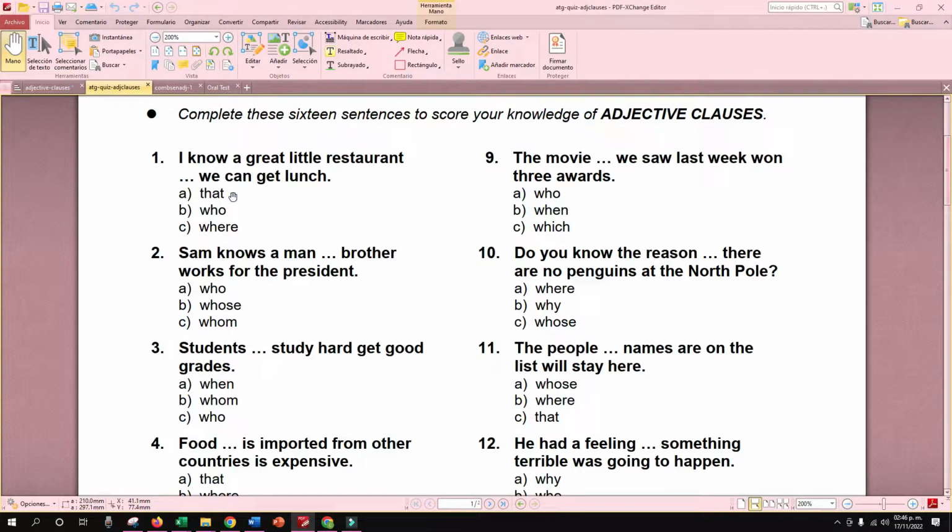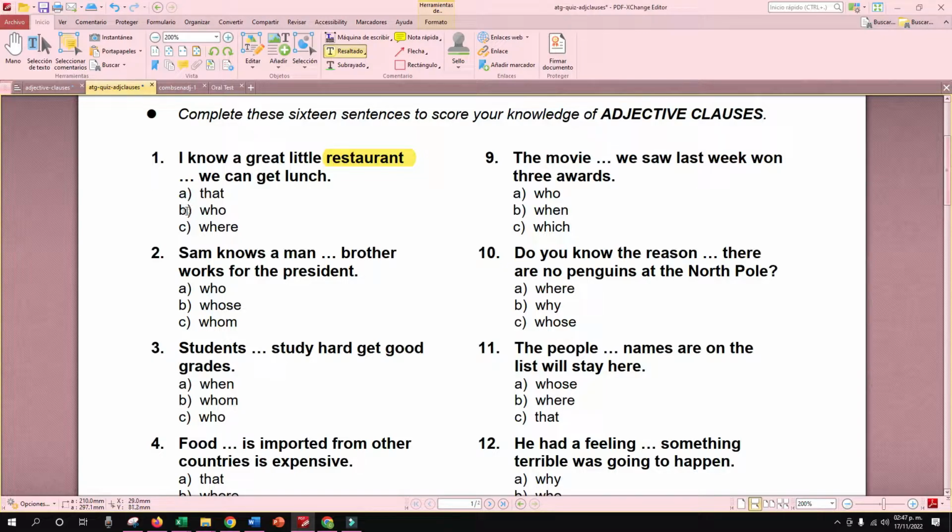A, that. B, who. C, where. So if you're talking about the restaurant, what is that? That is a place, right? So which could be the correct answer? I know a great little restaurant, blank, we can get lunch.